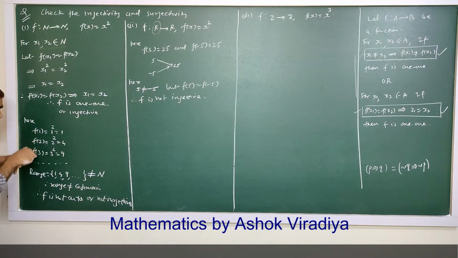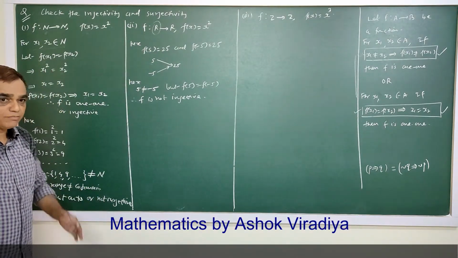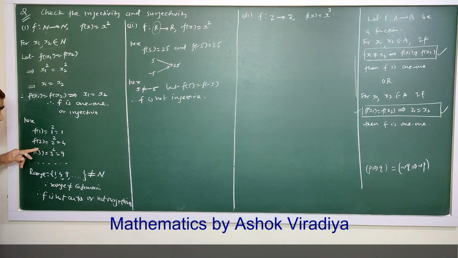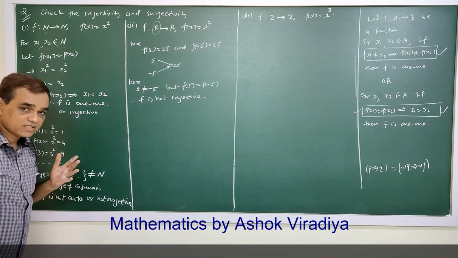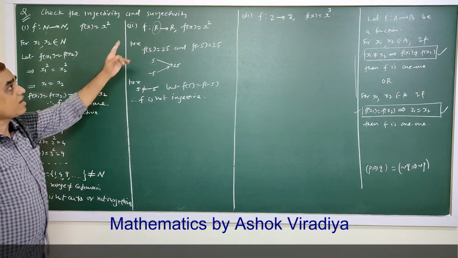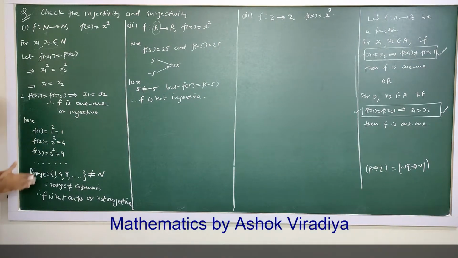Between 2 and 3, nothing is there in N. So after 2, next is only 3. We can't put here 2.5, 2.6. But here, domain is R. So we can put 2, we can put 2.1, we can put 2.2, we can put 2.7, 2.007. All reals are allowed, and we have to think all outputs for all reals.